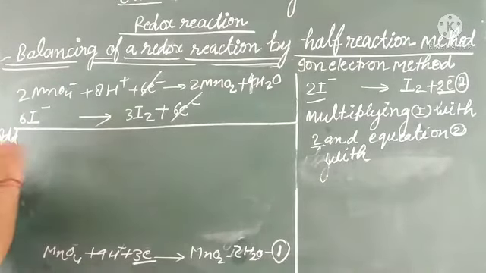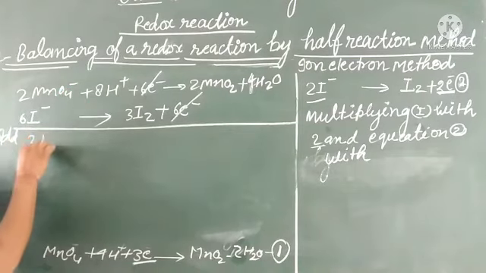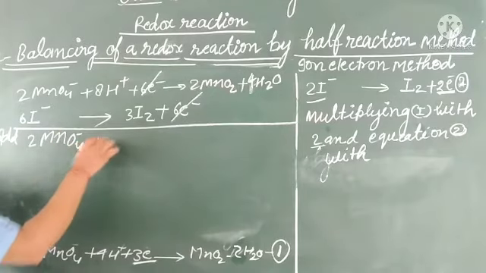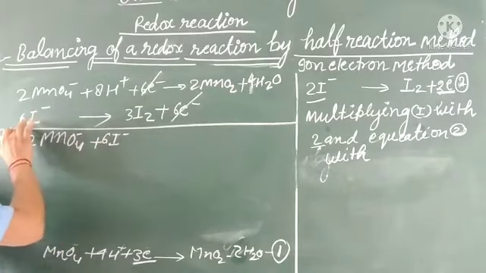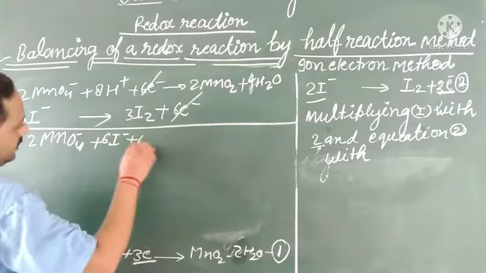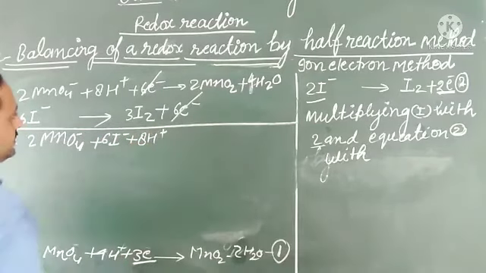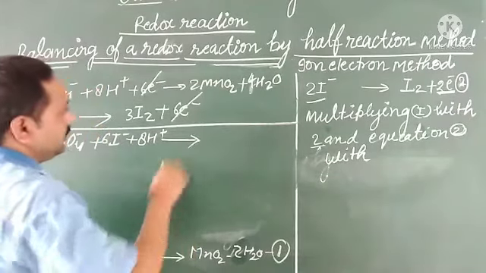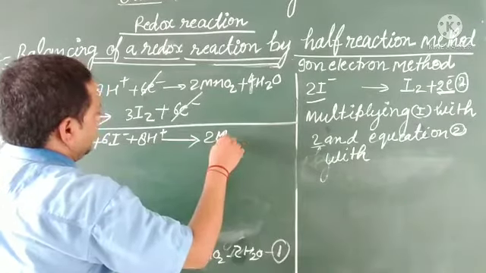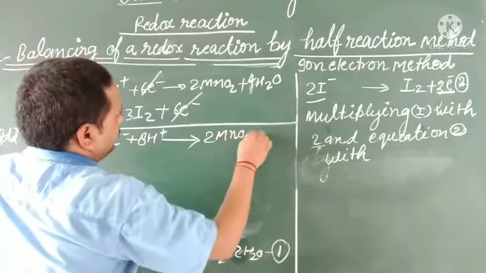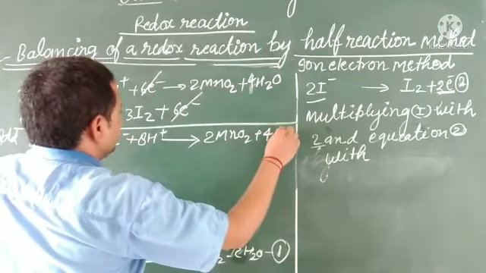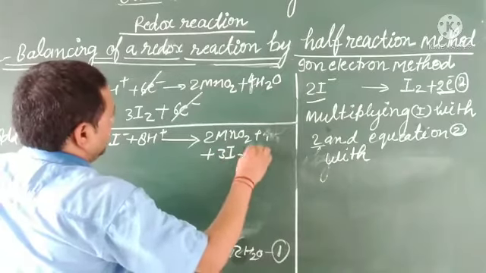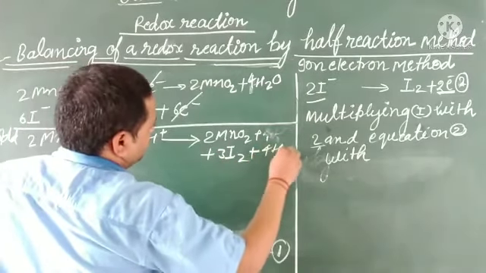So from this side 2MnO4 minus plus 6I minus plus 8H plus, then here 2MnO2 plus 3I2 plus 4H2O.